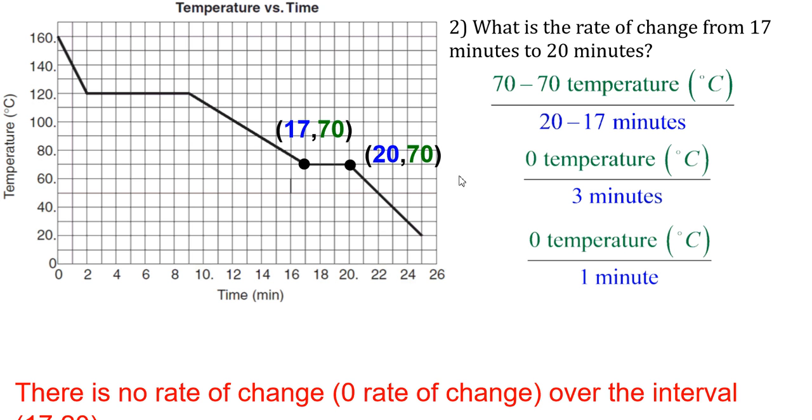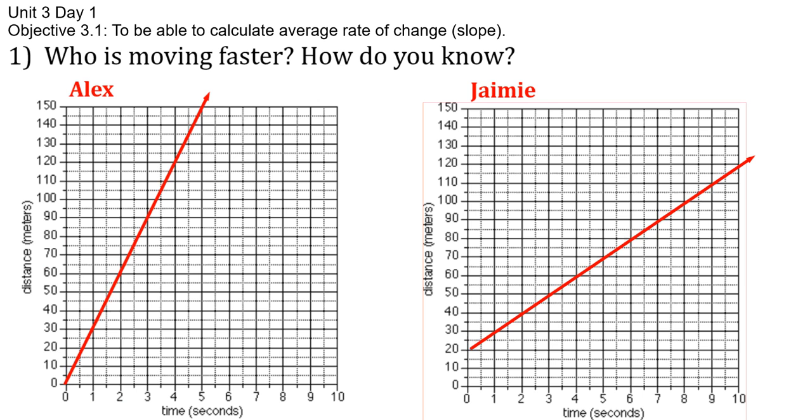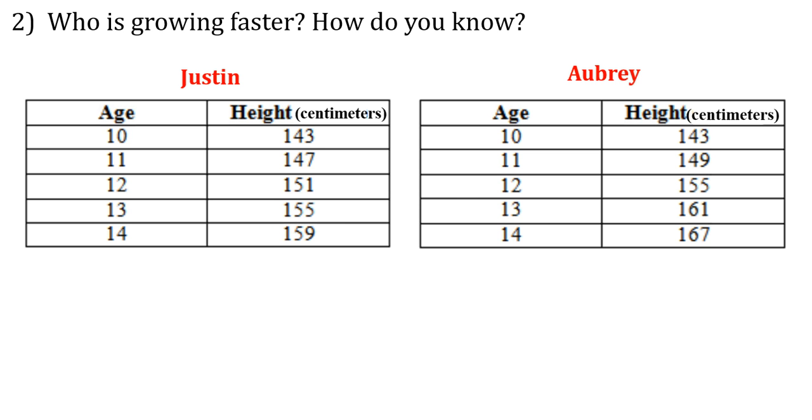So we have to be very careful when they're specifying the interval, how to find the rate of change for your problems, versus when it's consistent, like in our examples 1 and 2. When it's consistent like that, we often refer to it as slope.